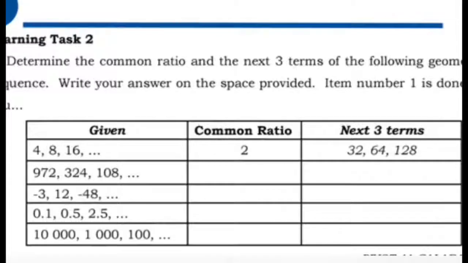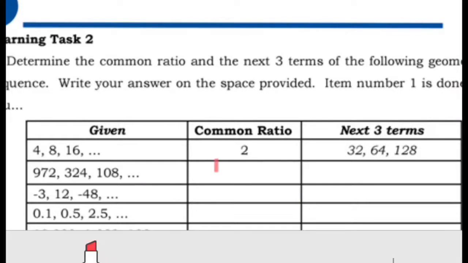Then, times 2, that will be 128. Then, sa pangalawang example, 972, 324, 108, and so on. So, para makita natin yung common ratio, divide natin 108 divided by 324 at 324 divided by 972. So, kung i-divide natin ito, ang common ratio ay 1/3. Okay? Then, para makita yung next three terms, multiply lang natin. 108 times 1/3 ay 36.